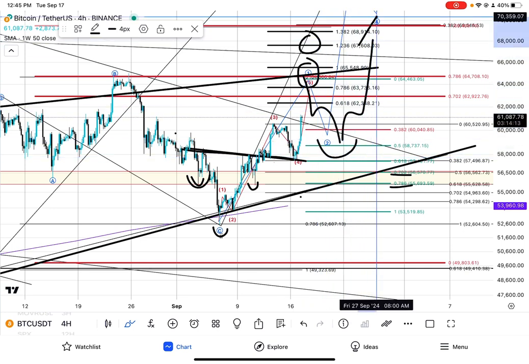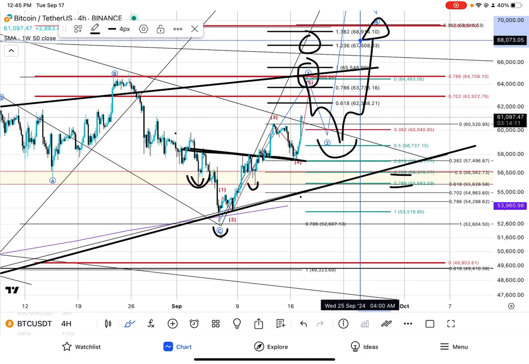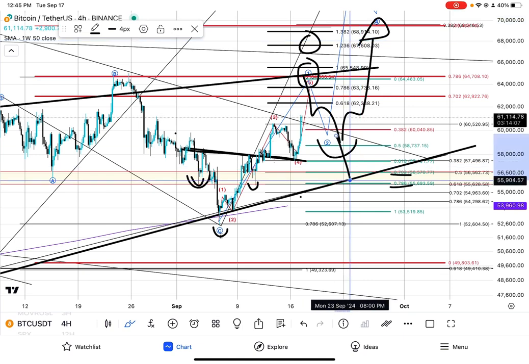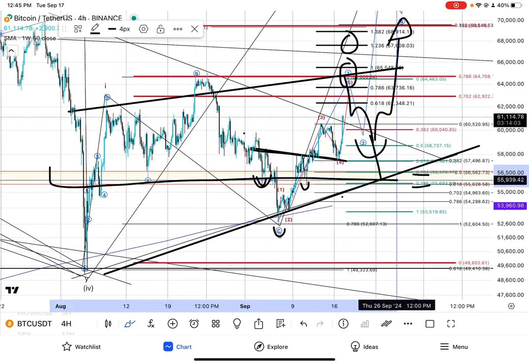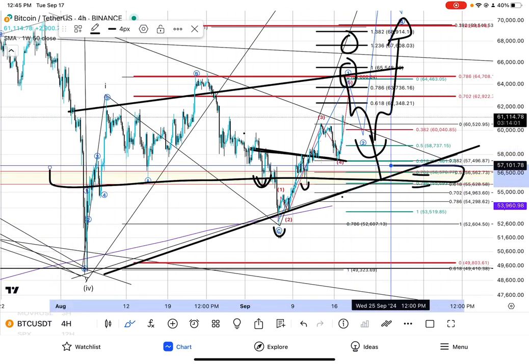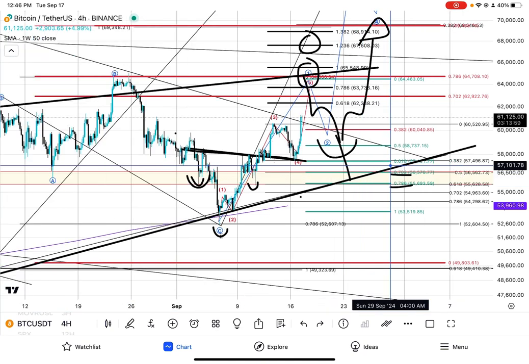Either it has another push up for a wave 3, or comes down toward the lower fibs at the median of this diagonal. Okay, this is the median right here. This yellow box.